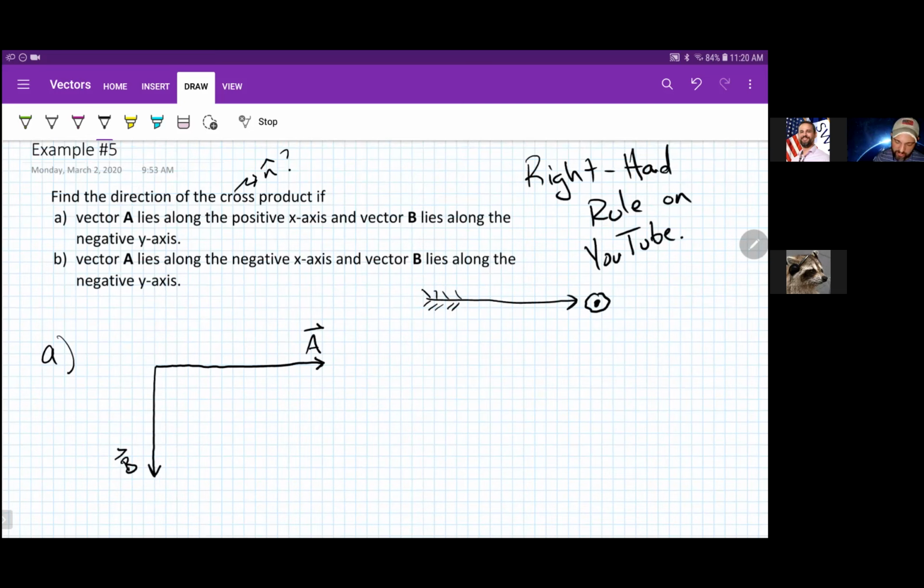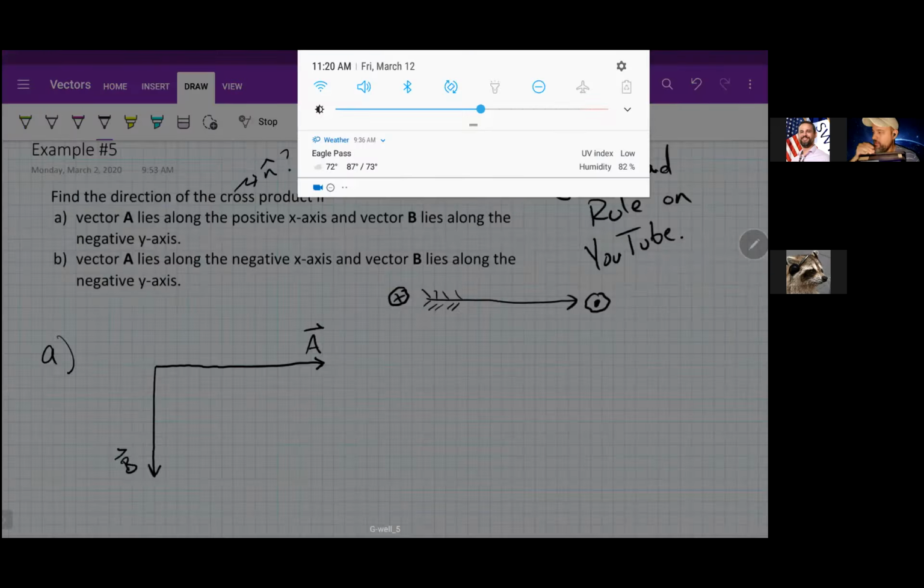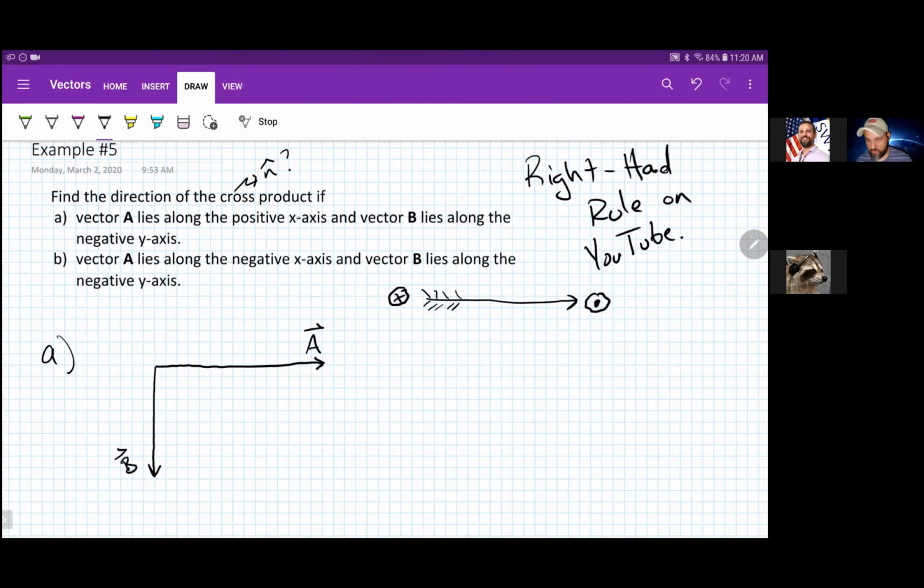When it's going into the page, we draw it like this. So in this case, I've got A going in that direction, that's my index finger, B going down, and N going into the page there.